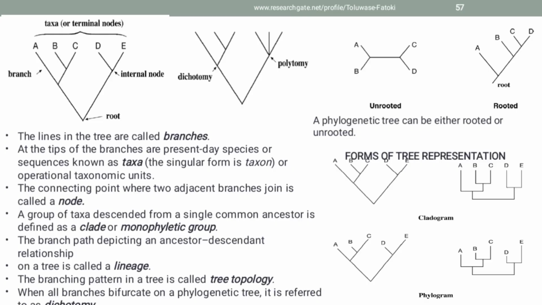Cladogram is when your taxa are arranged in a similar platform, without giving a relationship of the distance from the root, without considering the actual distance from the root. But the phylogram is a form of tree presentation in which the taxa have a specific distance from the root.